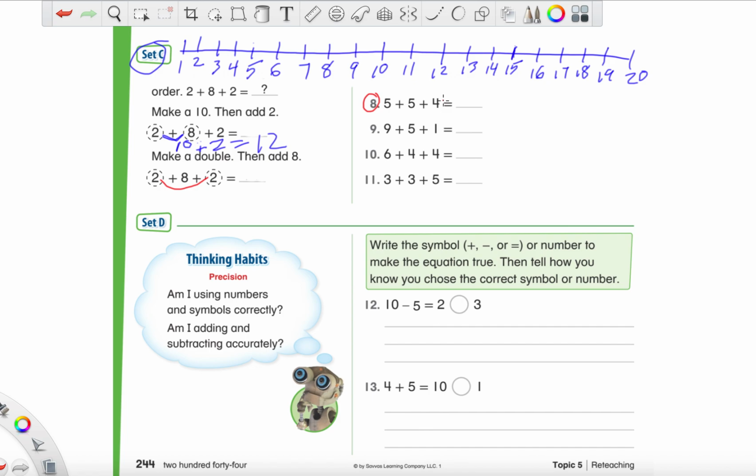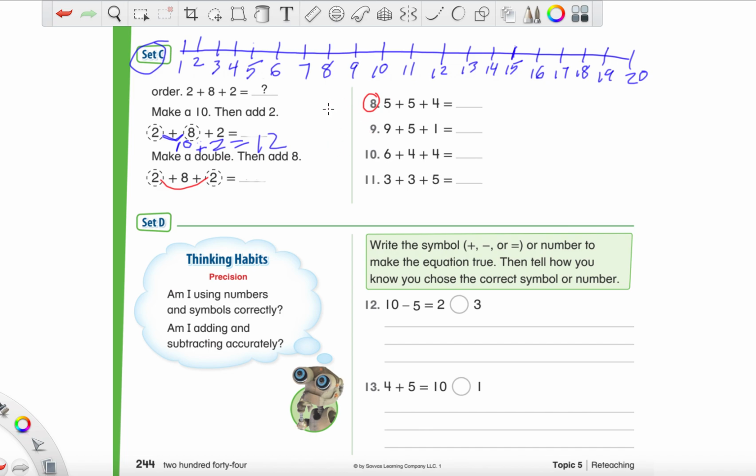Alright, if you're still working on number 8, pause the video. Take your time. Give it the best try that you can. If you end up not getting it correct, that's okay. We're going over it together to make sure that you understand what we're doing.